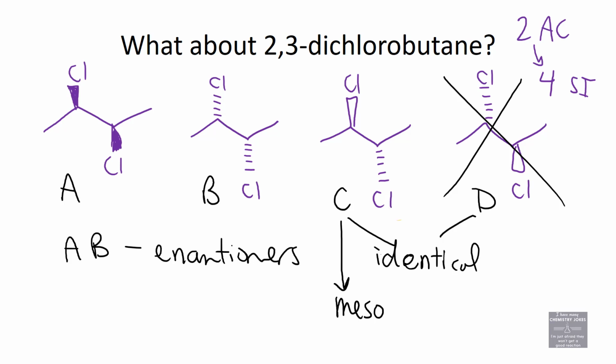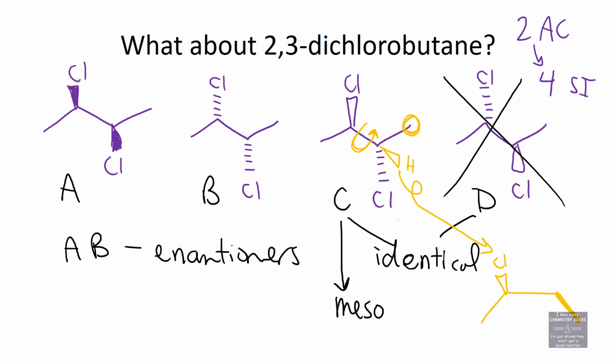The plane of symmetry is not easy to see in this orientation, but if I rotate that molecule, I'm going to rotate it like this. I'm going to rotate around that central bond to where my methyl that's in the plane now comes 180 degrees and is now pointed down in the plane.